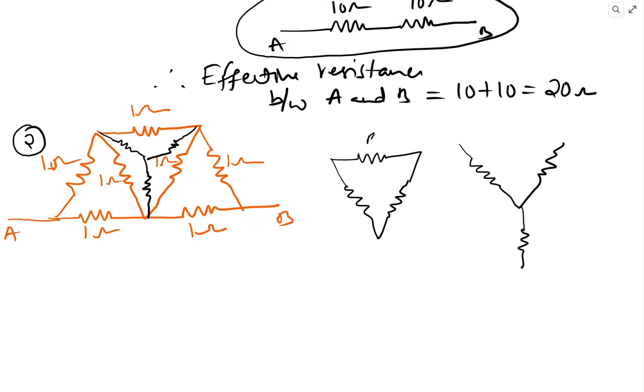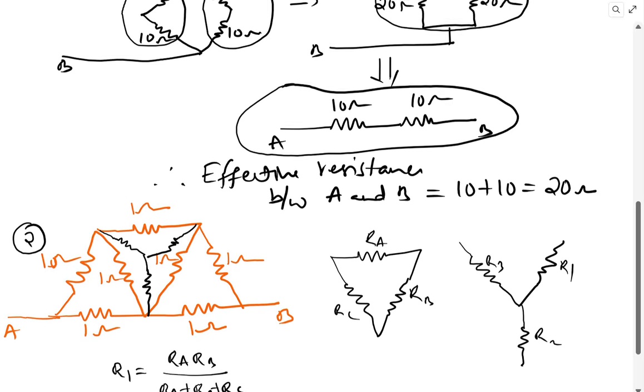So if you consider this is RA, this is RB, this is RC, then in between whatever comes, that we call R1, this is called R2, this is called R3 here. So R1 equal to, what is the formula here? R1 equal to, we know that RA RB by RA plus RB plus RC.